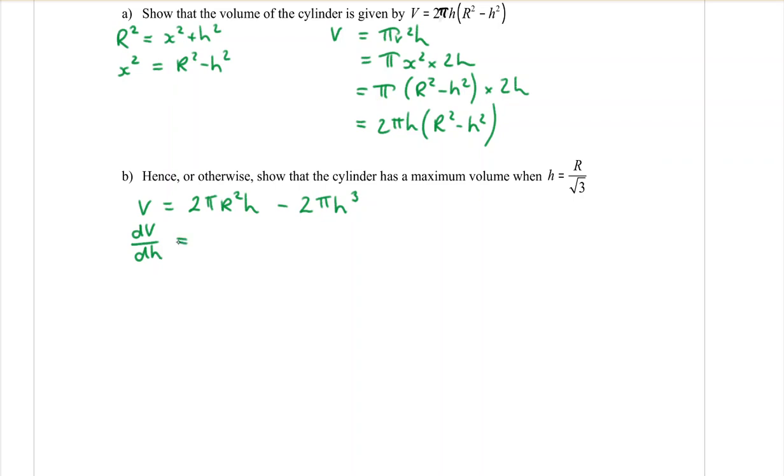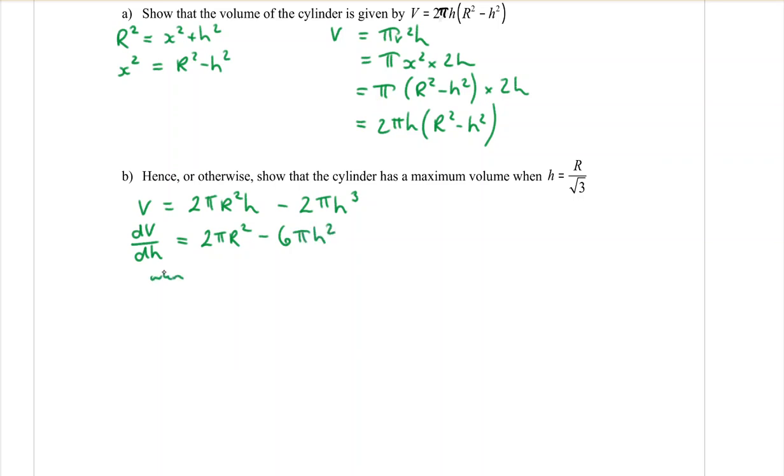So differentiating the h means you're treating the r like a constant. It's just going to be sitting in there. So this h here, because there's only one of them, is just going to disappear, and this first term will be 2 pi r squared. In the second term, differentiating the h, the 3 comes down the front, so it'll be minus 6 pi h squared.